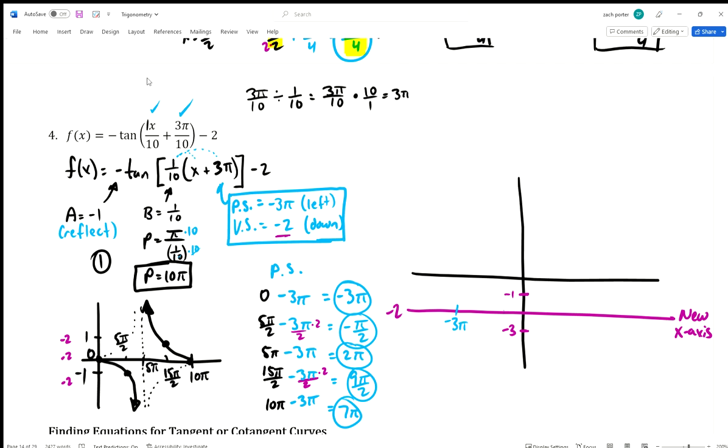And then about here maybe is -pi/2. And then try to keep that equidistance going. I think that looks good. That's where 2 pi is. And then 9 pi over 2, and 7 pi. Okay, so those are all of our new x values.